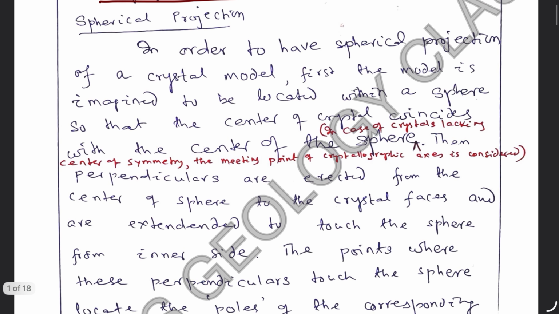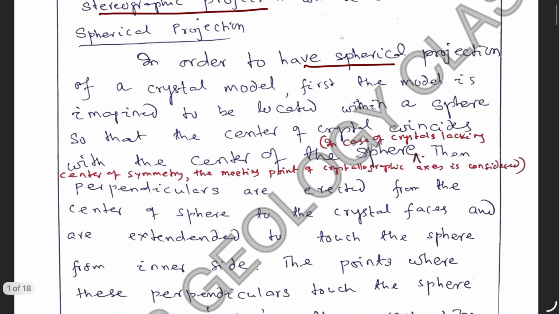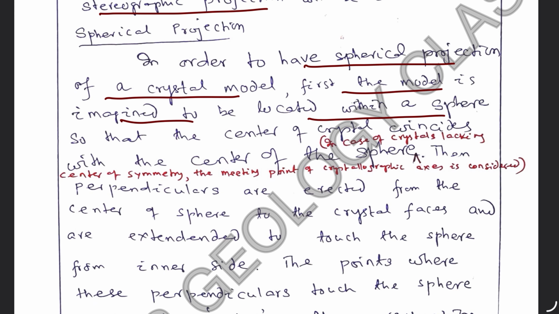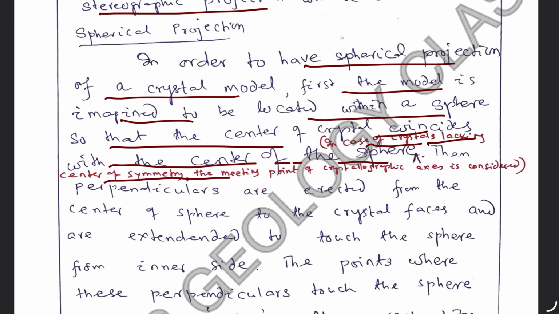That has been discussed here. So, in order to have a spherical projection of a crystal model, first the model is imagined to be located within a sphere, so that the center of the crystal coincides with the center of the sphere. In case of crystals lacking a center of symmetry, the meeting point of the crystal axes is considered. From there, the perpendiculars are drawn to the faces.